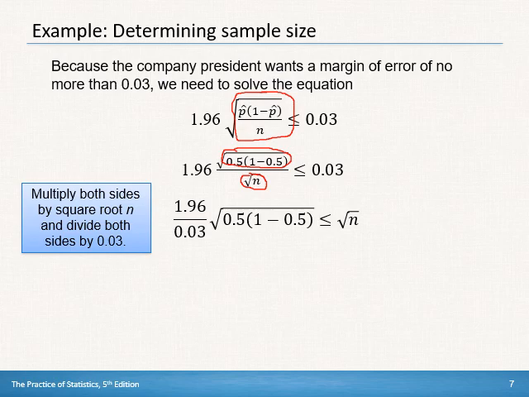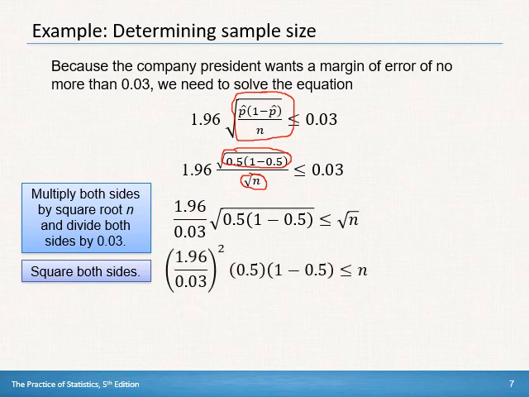So in this case, we would simply square both sides of the equation. And so that gives us this. In algebra 2, we didn't like to square both sides of the equation when we have square roots. But in this case, we don't have to worry. n is always going to be positive. So now we just solve this.